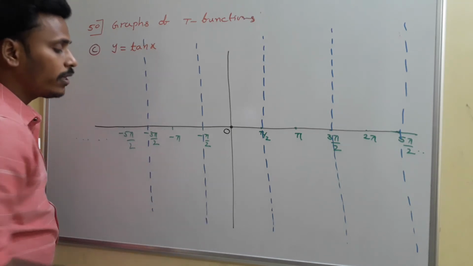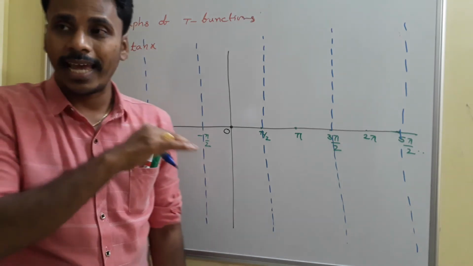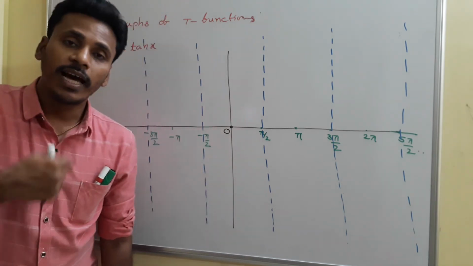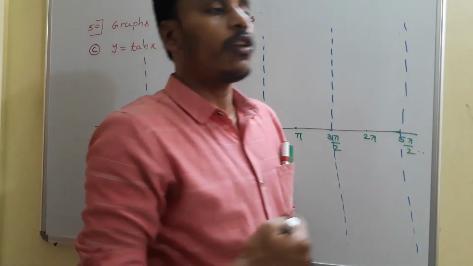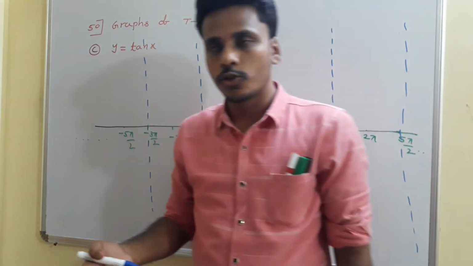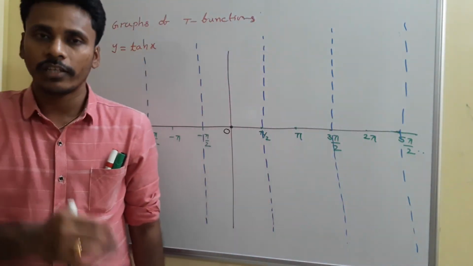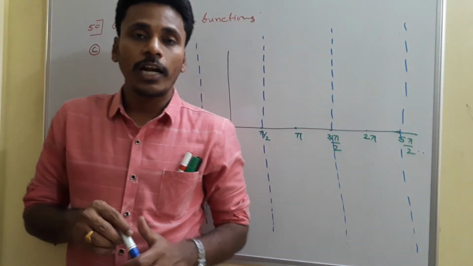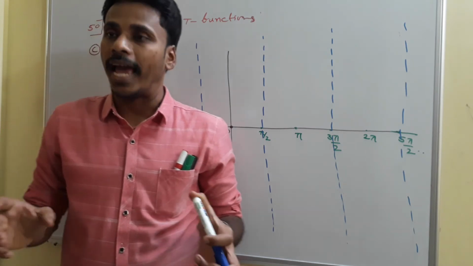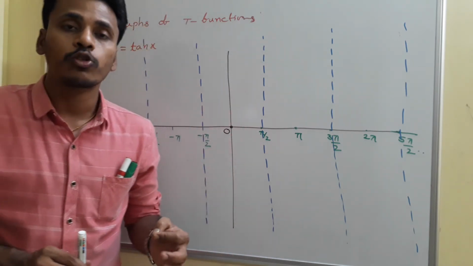As I told you, in the domain of x, on the horizontal x-axis, we are taking the inputs for angles, and those inputs are termed the domain also. In the previous sessions, most probably I mentioned, the domain of tan x is all real angles except the odd multiples of 90.